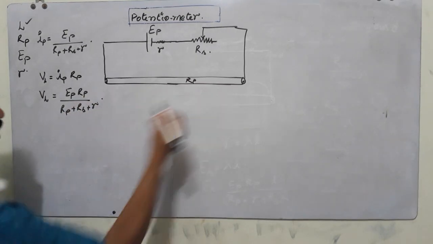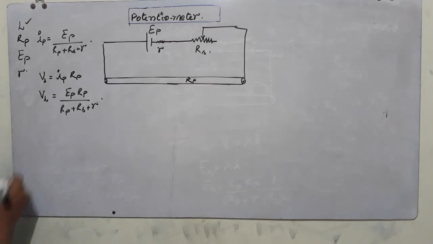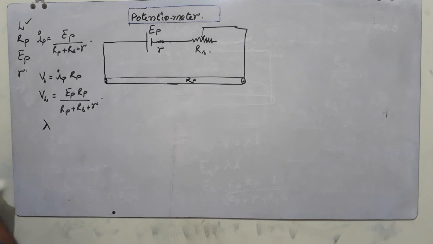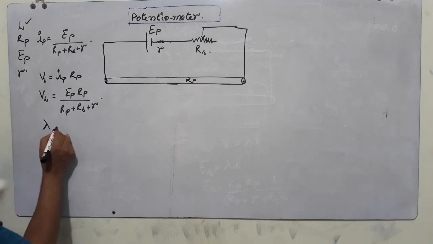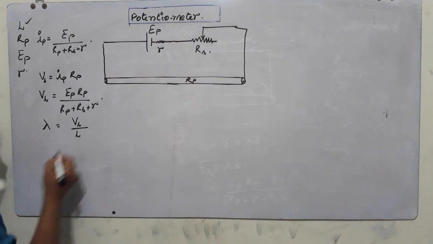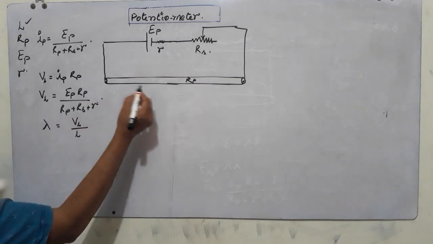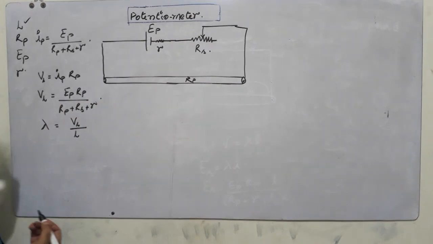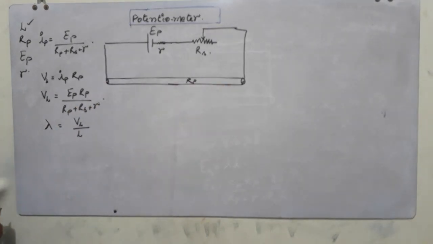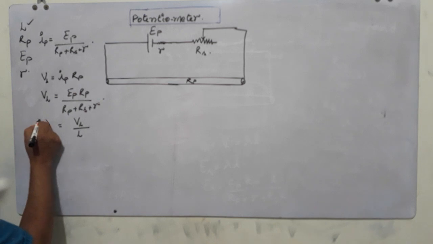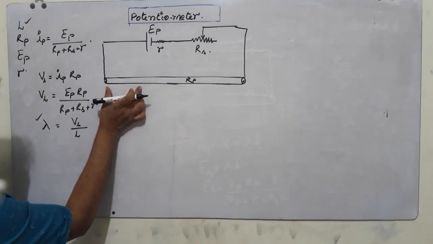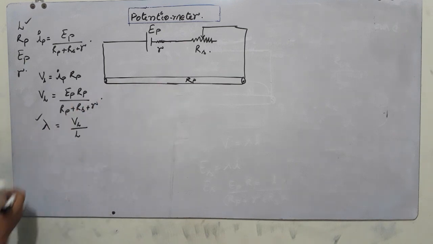And what is the potential drop per unit meter? That is called the potential gradient, given by the letter lambda. Lambda is equal to VL by L, where VL is the potential drop across the entire wire and L is the length of this potentiometer wire. So this potential gradient denotes the potential drop per unit length.